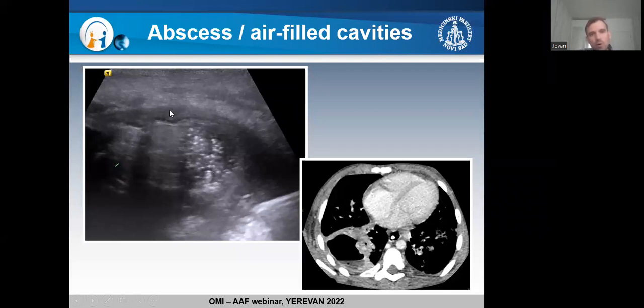So there is an organized pleural effusion there. This is the surface of the lung. So within the lung parenchyma, you can see again A lines. And next to those A lines, there is kind of a mixture of fluid and air. And this was an abscess.